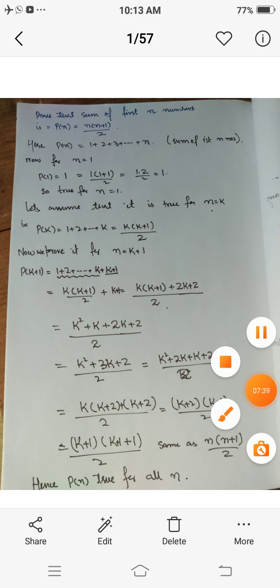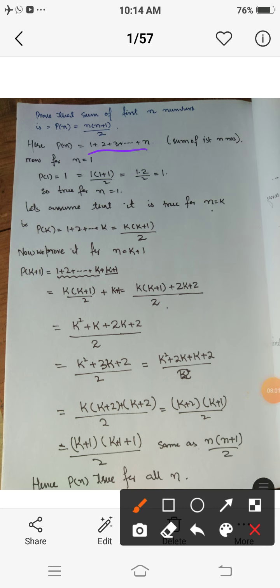Like we have to prove that the given statement, which is the sum of n numbers, denoted by p of n, is n into n plus 1 upon 2. Here we are using the principle of mathematical induction. Here the given statement p of n is actually 1 plus 2 plus 3 up to n, that is, the sum of the first n numbers.